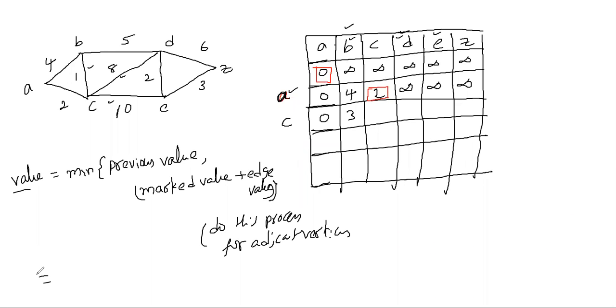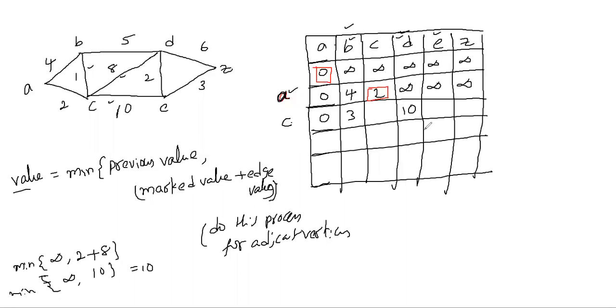Minimum of D value infinity comma marked value 2 plus edge value. C to D edge value is 8. So infinity comma 10. The minimum is 10. You write that 10 here. The marked column you leave as it is.